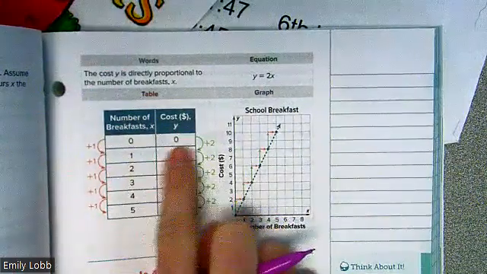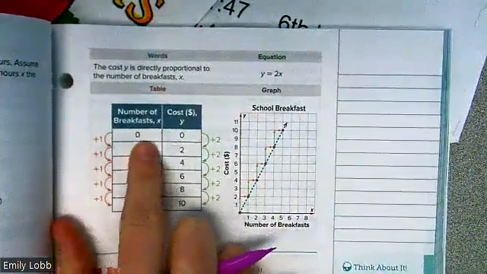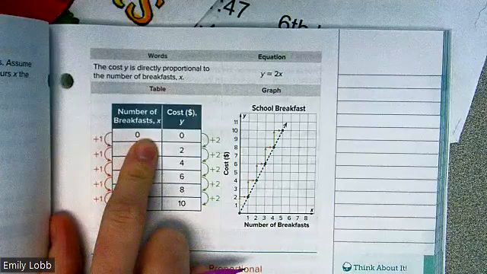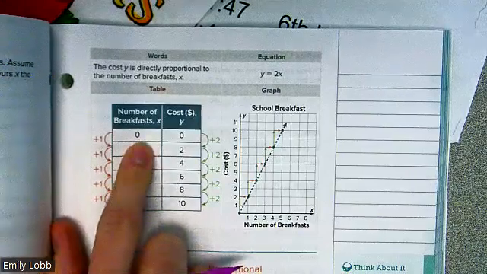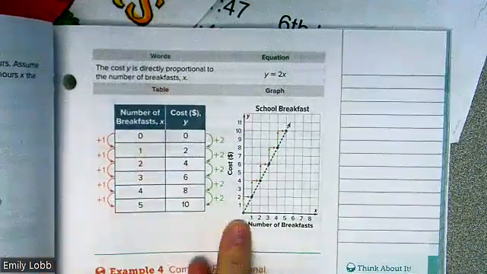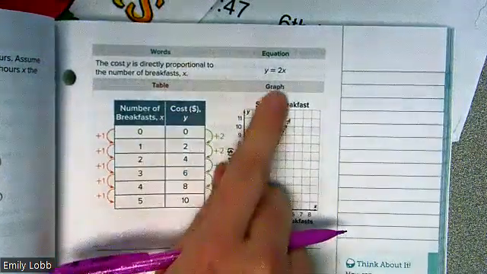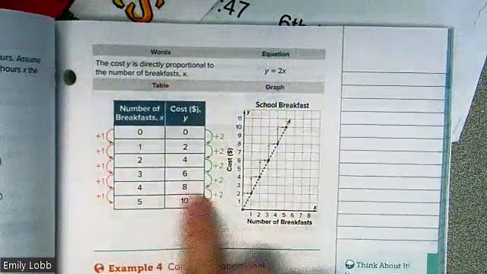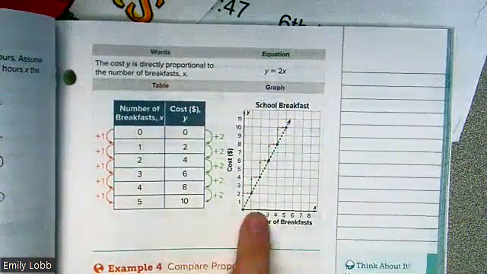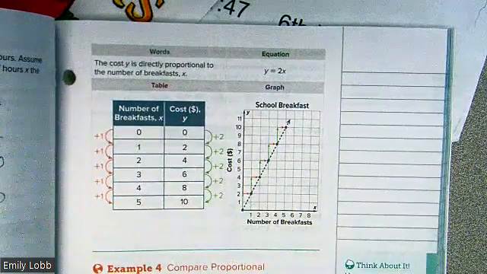For 0 breakfasts, it costs $0. So they put a point there. For 1 breakfast, when they put a 1 in, 2 times 1 is 2. It costs $2. So they put the point (1, 2).